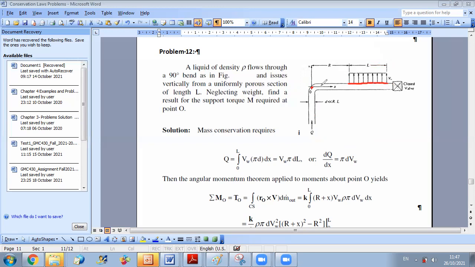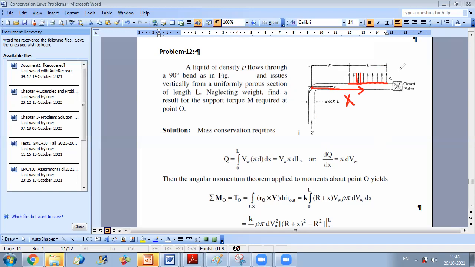So if you want to compute the moment, you should do an integral procedure, because for each small element of your flow, the distance to O is different. Because I have variation in distance, let me do an integral procedure to find the total angular momentum.